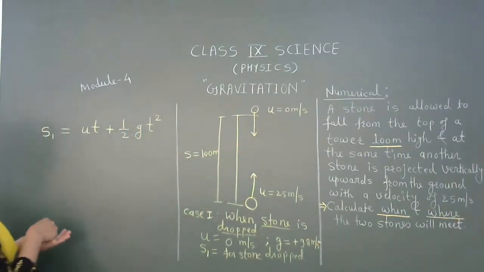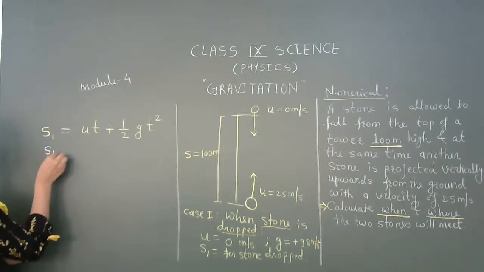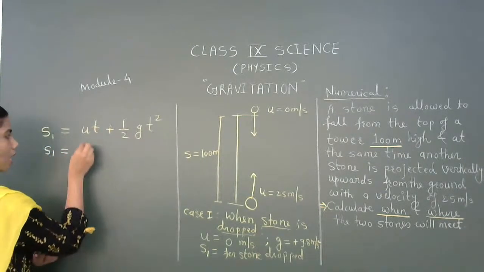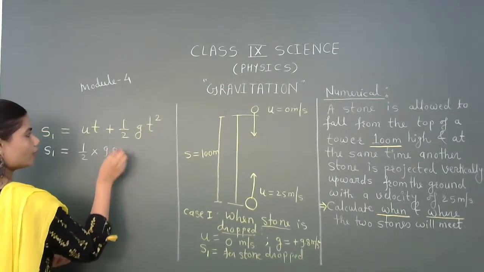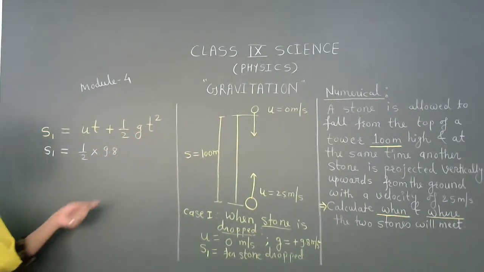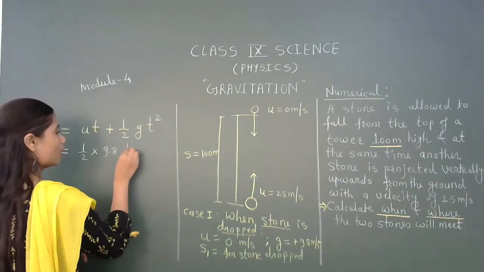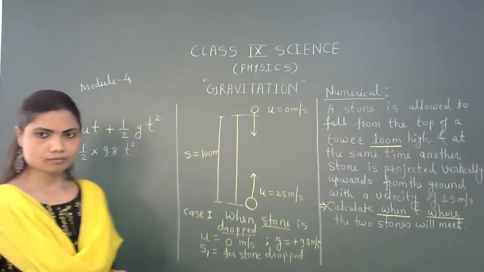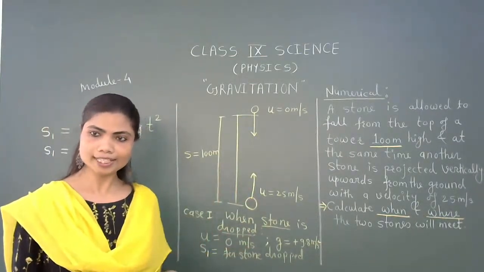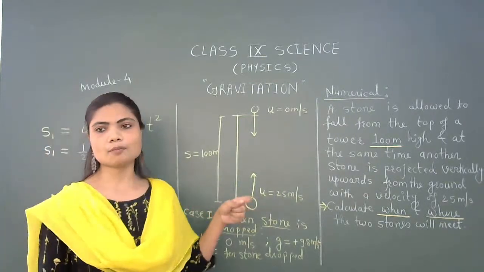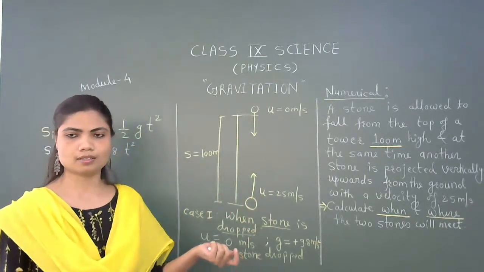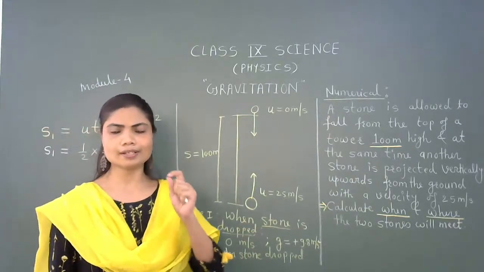So your equation reduces to S1 is equivalent to half multiplied by 9.8 and t square, as it is. Because we have to calculate t, we don't know what t is. So suppose they are meeting at time t.